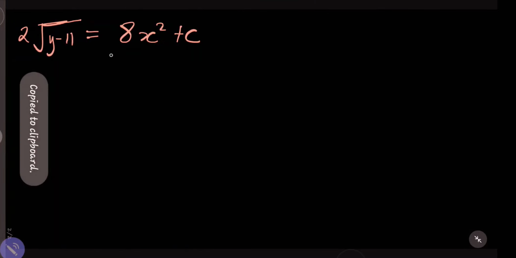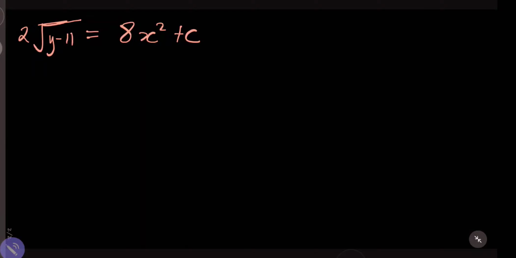Okay, so usually we would just have to keep moving our terms from the left hand side to the right hand side. So at this point we have root y minus 11, and I'm dividing both sides by 2 to remove this 2 here.